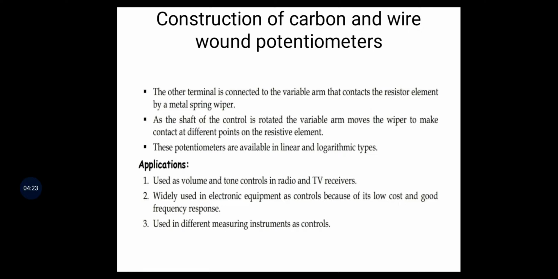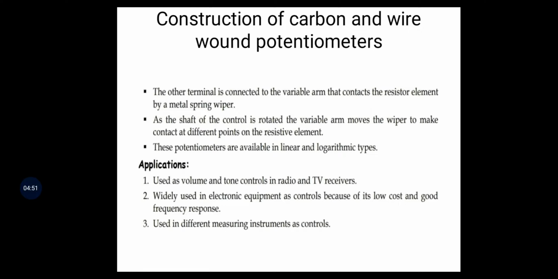The other terminal is connected to the variable arm that contacts the resistor element by a metal spring wiper.